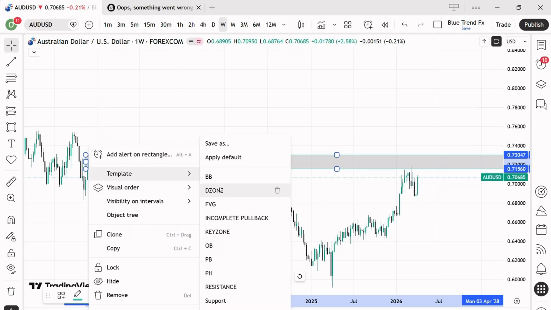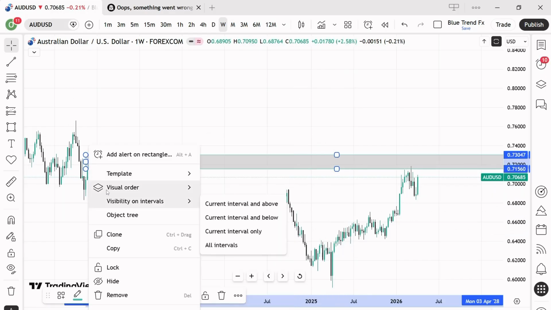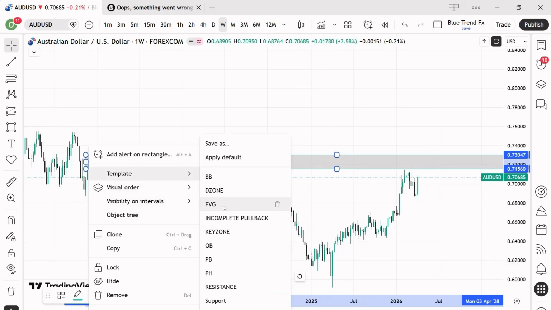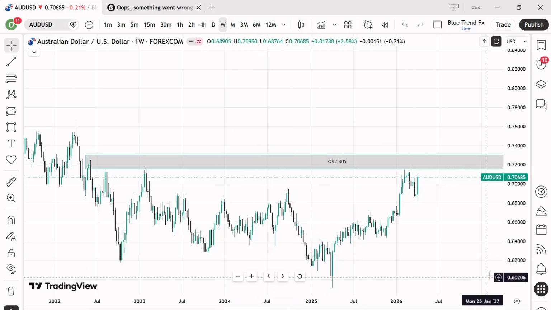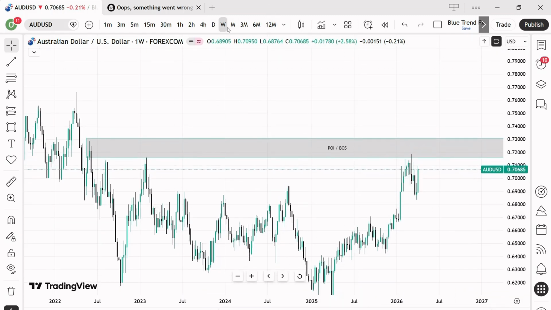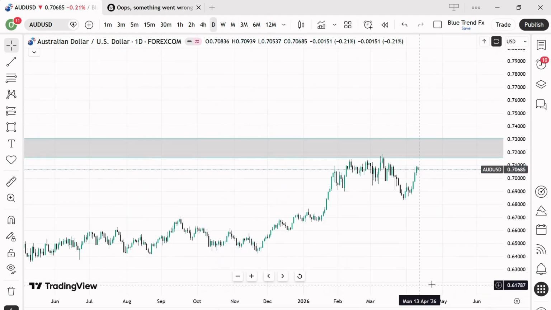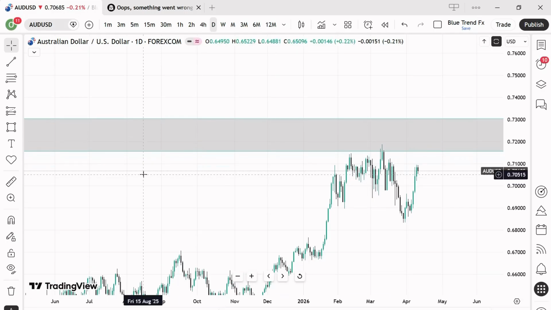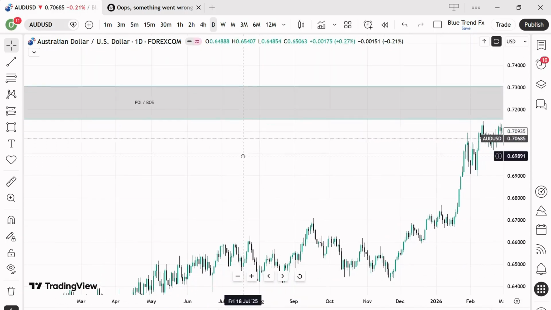However, nothing is going to stop us from catching reversal trades. So that I'm going to name POI slash order block. Let's go into daily to see what we have.